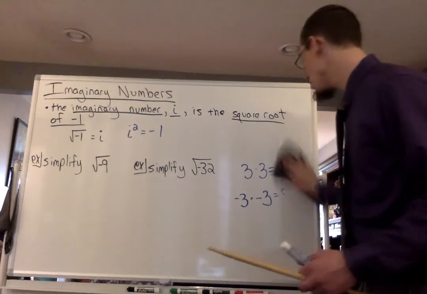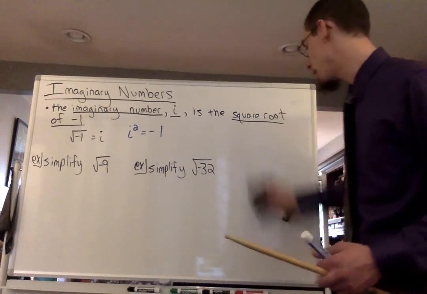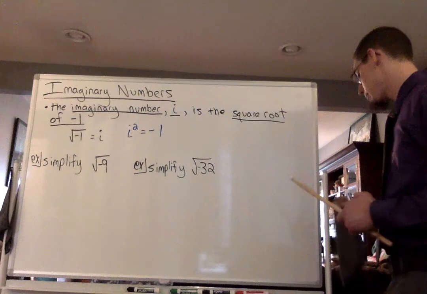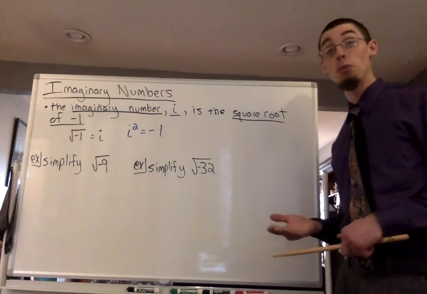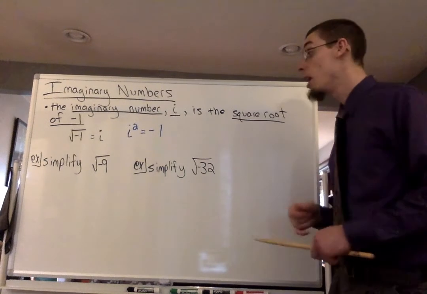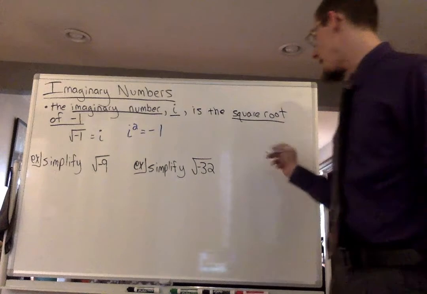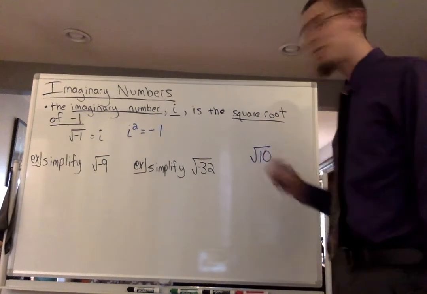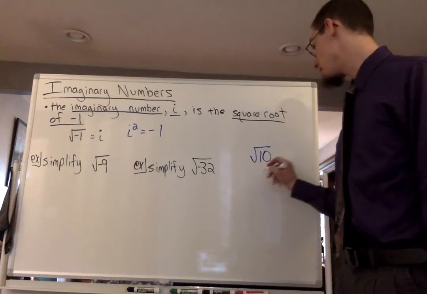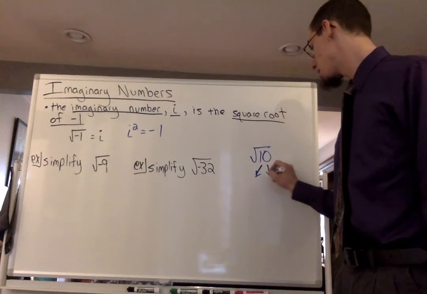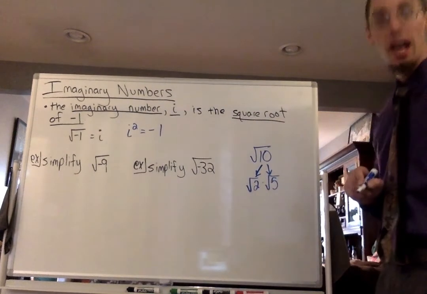So let me show you how this would work. It's actually very, very simple. When you're simplifying square roots, this is going back to Algebra 1. If I have the square root of 10, I could rewrite it as the square root of 2 times the square root of 5.